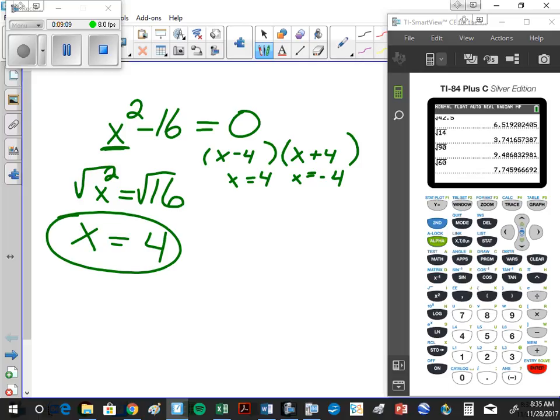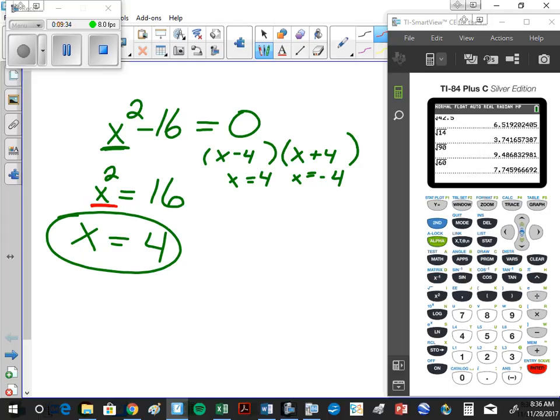Well, I didn't think when I took the square root. Taking the square root is correct, but let's look at this. x squared is saying what number times itself is 16. So what number times itself is 16? 4.